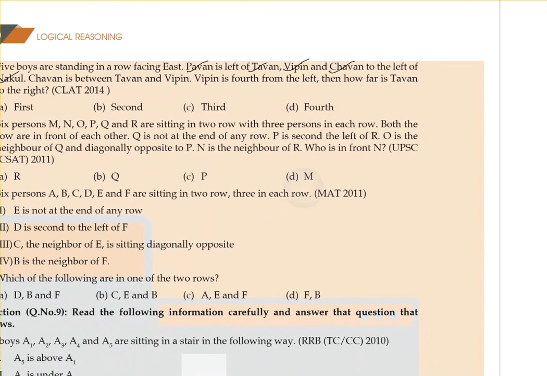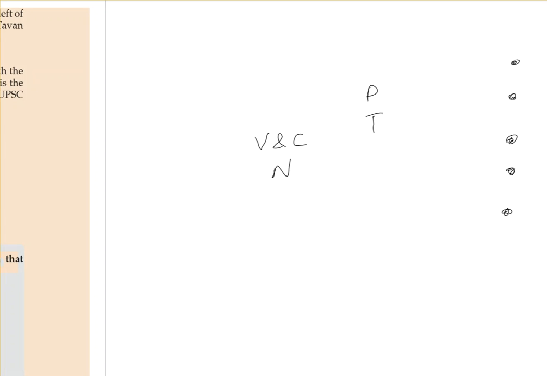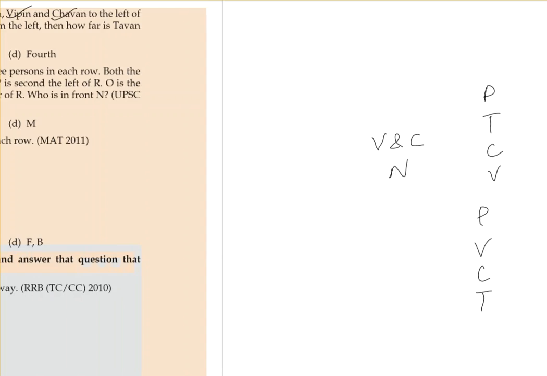Chavan is between Tavan and Vipin. It can be like this or this also.